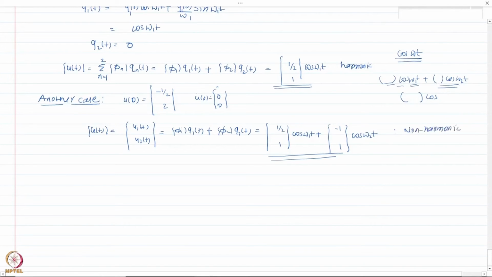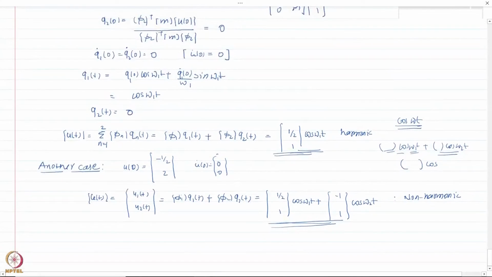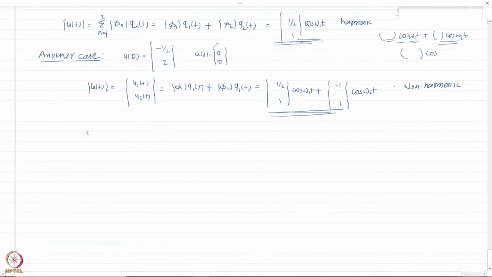One more thing to notice here. In the first case, I can see only the contribution due to the first mode. There is no contribution of the second mode, no omega 2t term here. However, here you can see that there is contribution of both modes. That can be explained directly if you look at the initial displacement. For the first case, the initial displacement was [1/2, 1], which is also the first mode shape of the given structure.